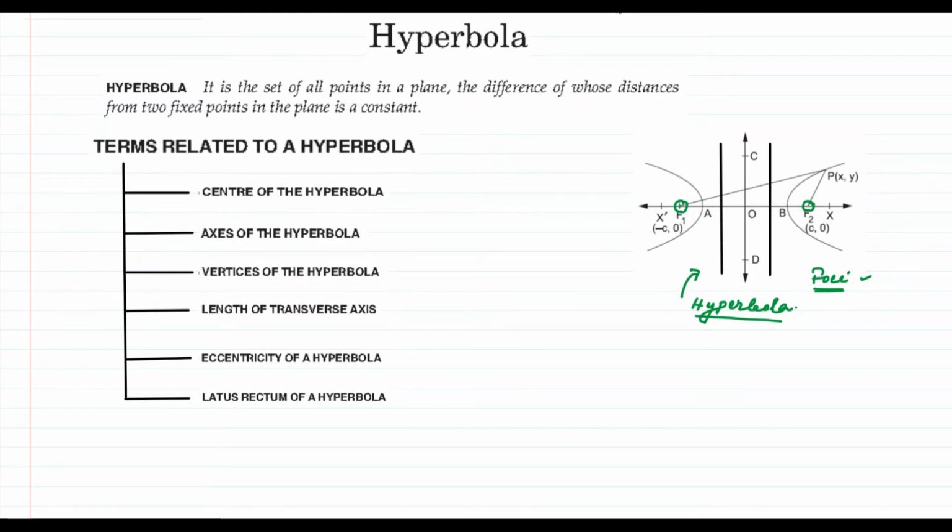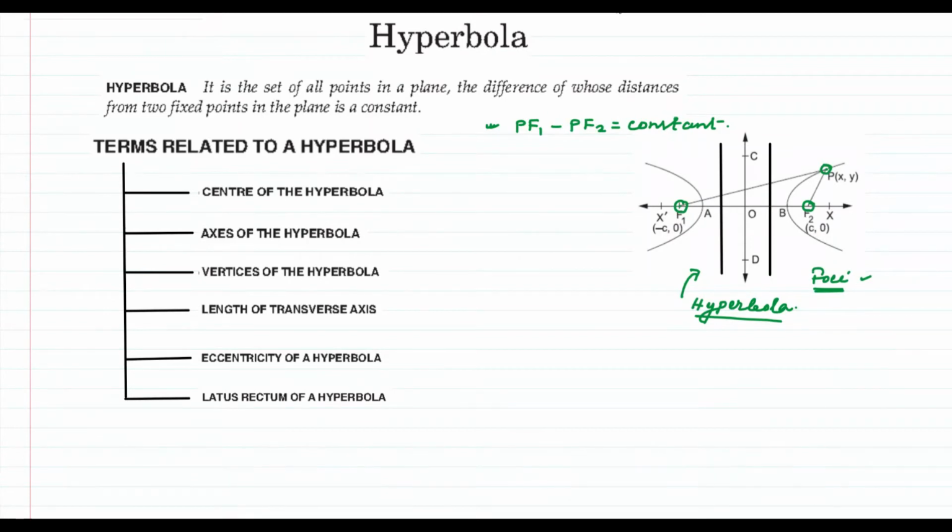So now any point P which maintains distances PF1 and PF2 following a particular criterion, like the difference between these distances is always constant. So the locus of point P will give us the hyperbola.